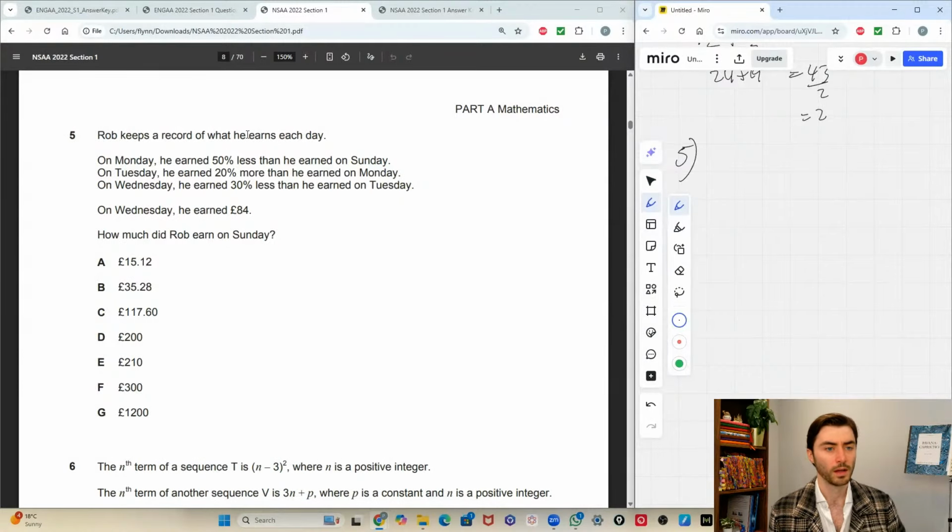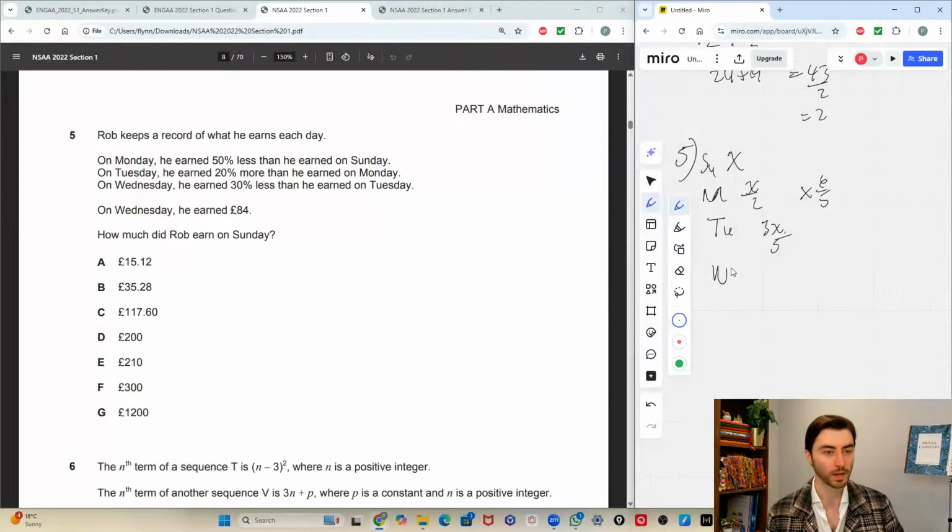5. What are your earnings on each day? So we earned x on Sunday. On Monday, you earned 50%, so x over 2. On Tuesday, you earned 20% more. So 1.2 is 6 over 5. So multiplying by 6 over 5 cancels to 3 over 5.